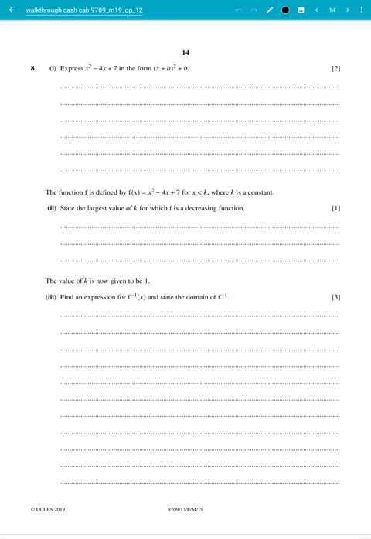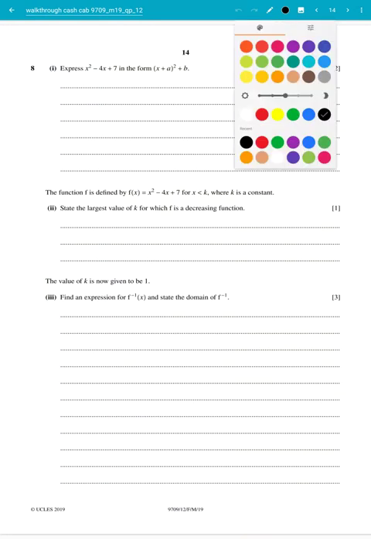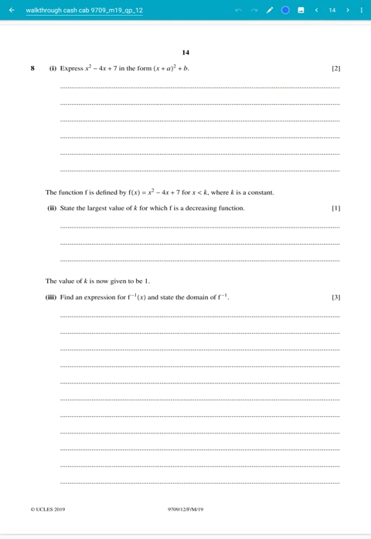So here we go. I need it in terms of A and B. So 2x minus 4 equals 0. 4 equals 2x. X is equal to 2. So this is x minus 2 squared plus the y value of that.